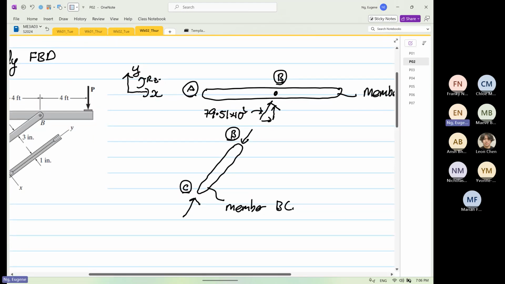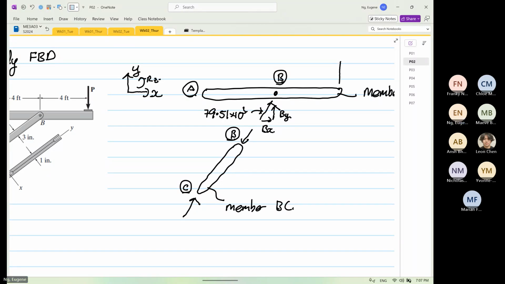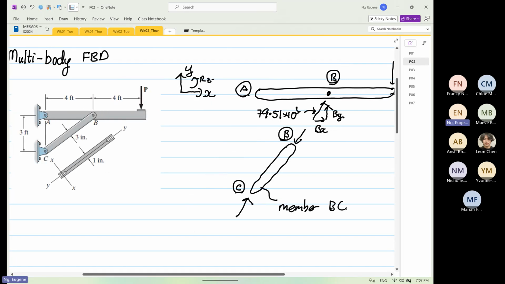So we know that there is going to be a By, and we are aware that there's a Bx over here. Now Bx will not affect the value of P, because Bx is not going to induce any moment. It's only By that will induce a moment.